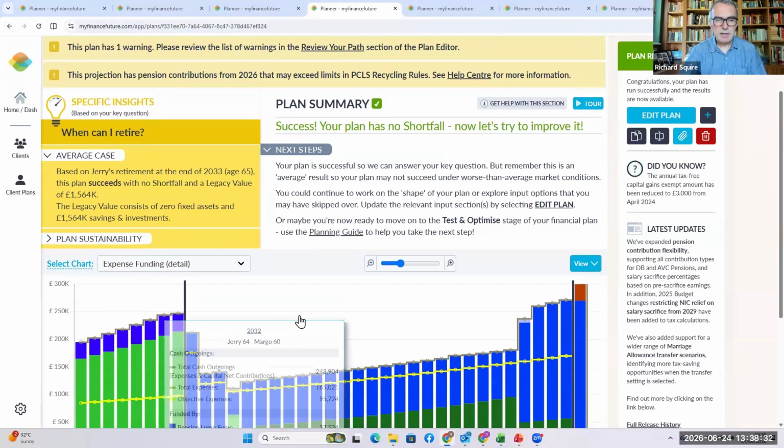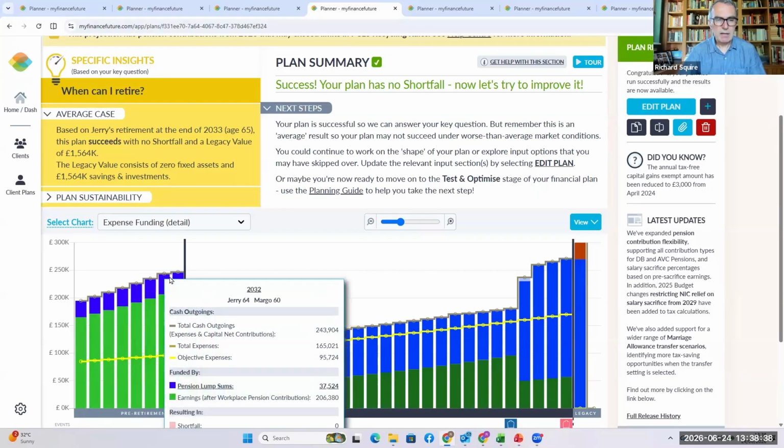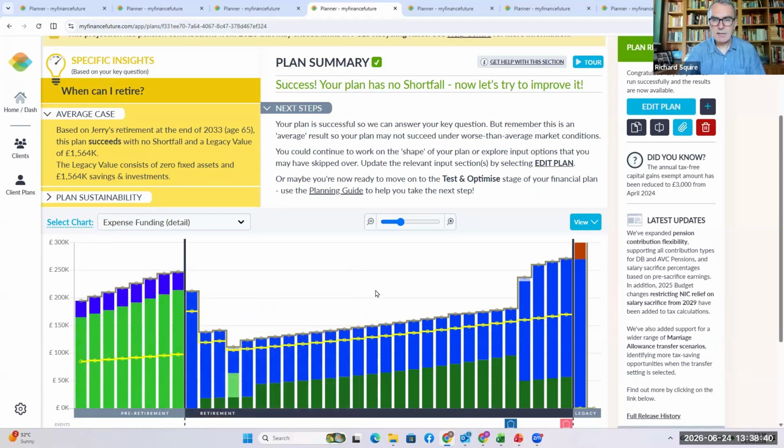Okay, so we can see there's been a reasonably significant change to the chart. We can see some reinvestment happening here. We can also see a return to where we were before, effectively. So this period here that we had where we were paying more tax when the money was just in Jerry's pension, we've sort of flattened that out.